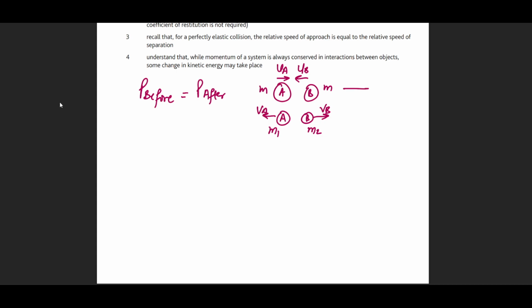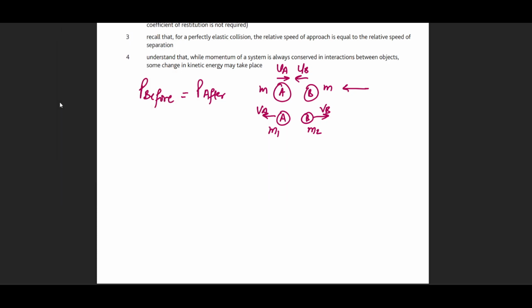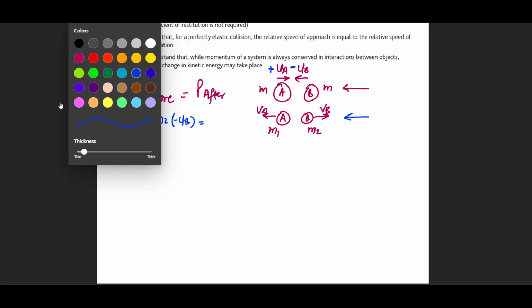Before collision, the whole system actually looks like this. And we know that velocity follows the vector convention in terms of its signs. So before it will be m1, since VA is moving towards the right side, it will be a positive velocity, plus m2, but U will be put with a negative sign because it's moving towards the left side, is equal to that in the after condition.